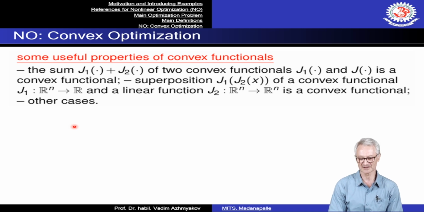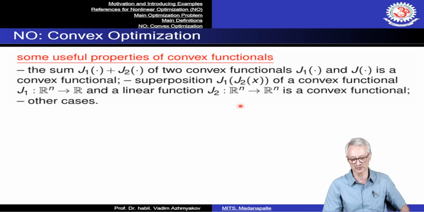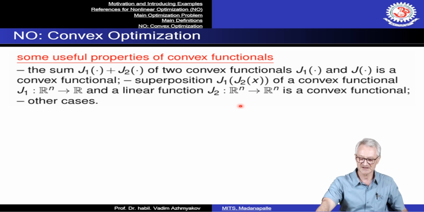The sum of two convex functionals, G1 and G2, is also a convex functional, and superposition is also a very useful mathematical operation if we have two functions, if we have two functionals. And of course, it is possible to ask, if we have a superposition of J1, J2, and both functionals are given as convex functionals, do we obligatorily get as a result a convex functional?